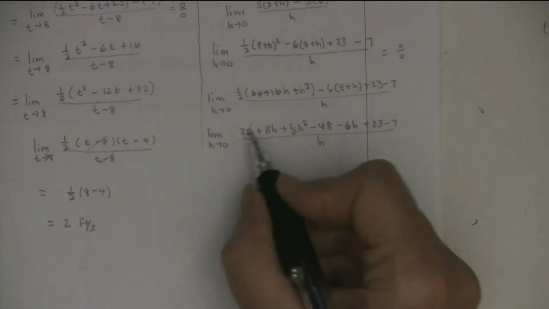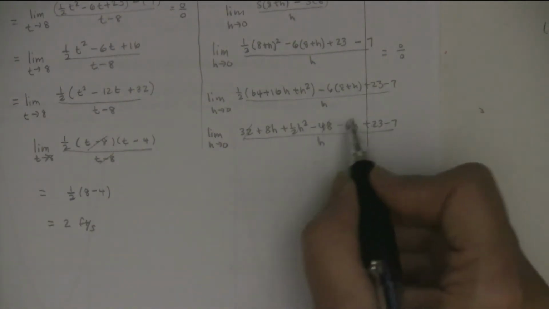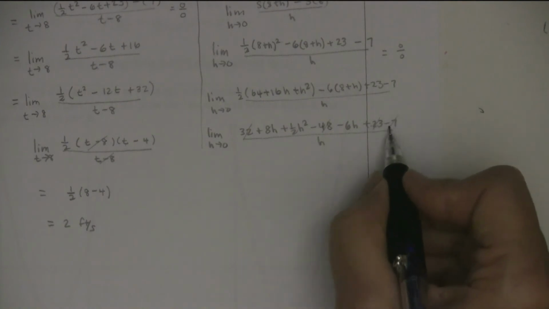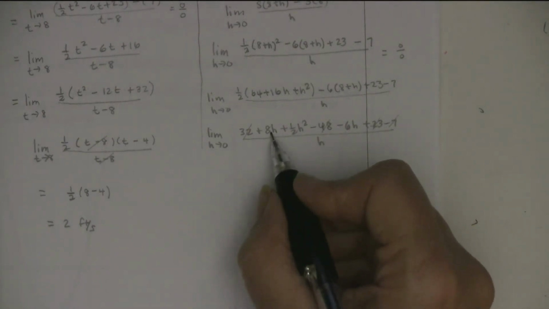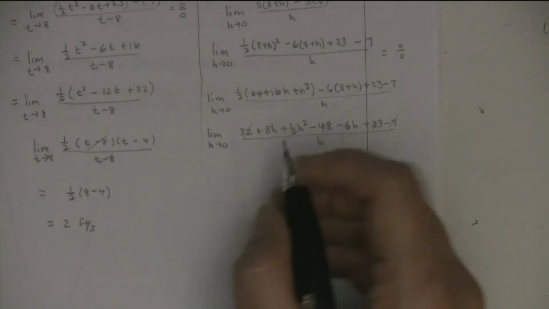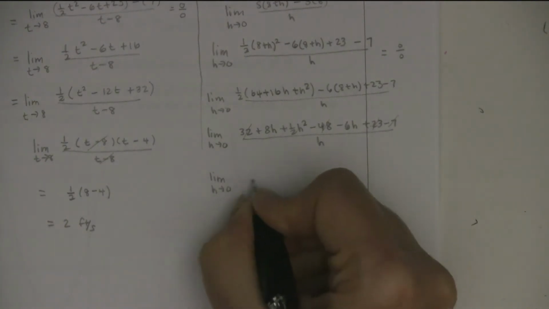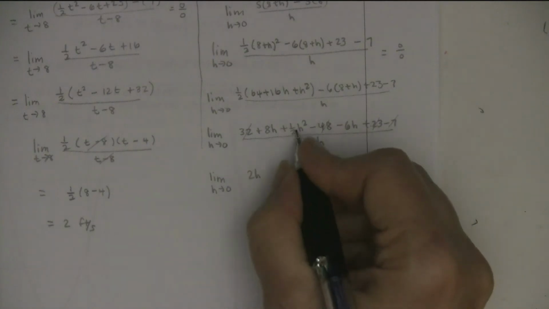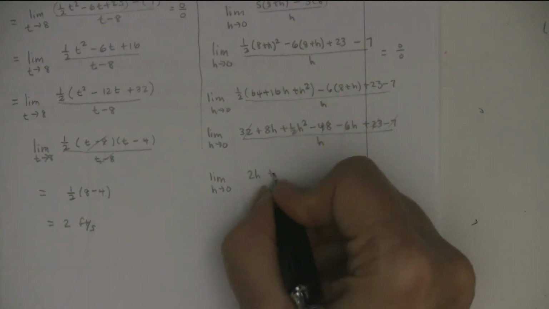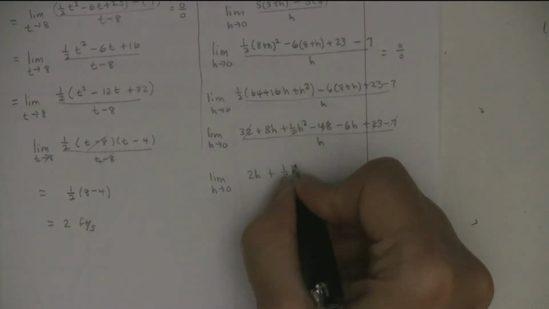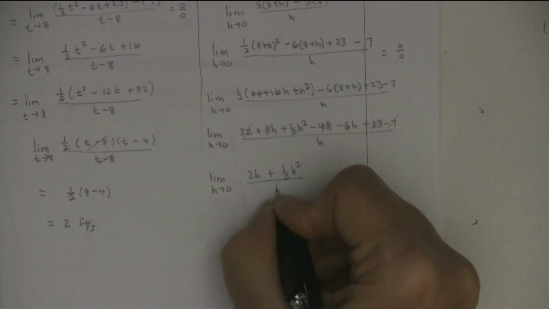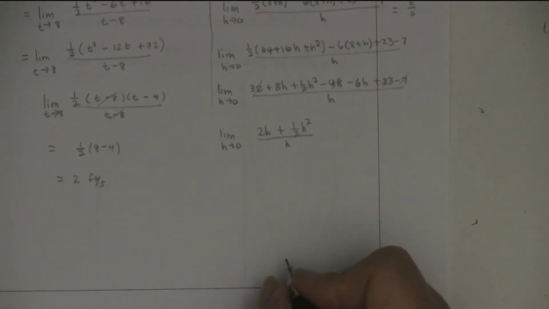I maybe saw that coming, maybe I didn't, but that's 0, okay? And then this is 2h. And this is half h squared over h, still 0 over 0.